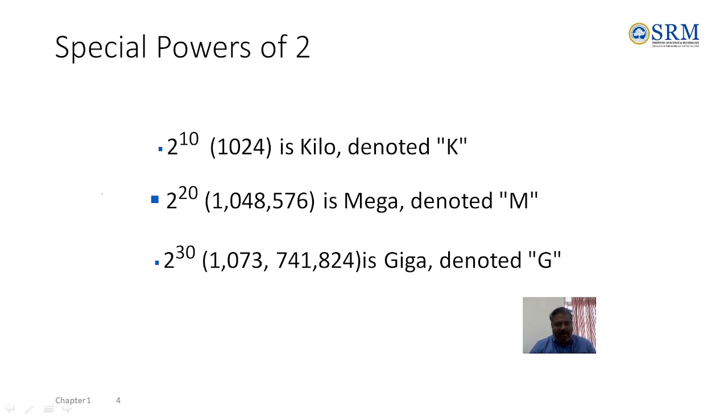Kilo means 2 power 10, which is 1024, denoted by K. For mega we go for 2 power 20, which gives 1048576, denoted by M. And 2 power 30 gives 1073741824, which is giga, denoted by G. So this is the special power of 2: 2 power 10, 2 power 20 and 2 power 30.